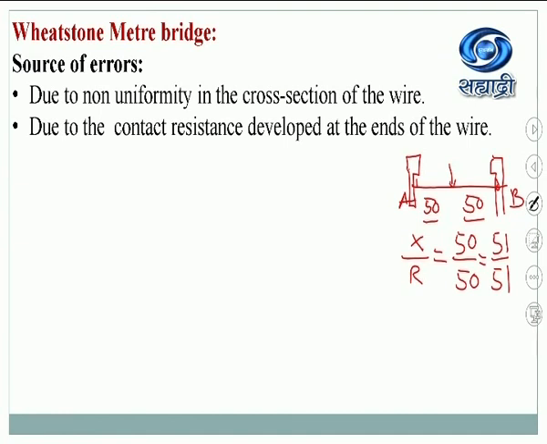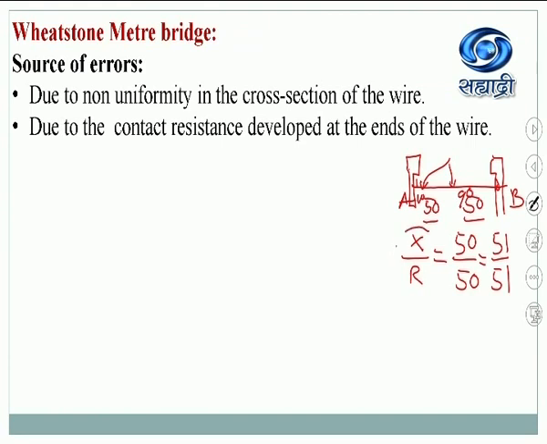So if I take the balancing condition at the center, then there is no change in the measurement of the unknown resistance. But suppose the balancing point is taken somewhere else, and this is say 10 and the other is 90, for example.